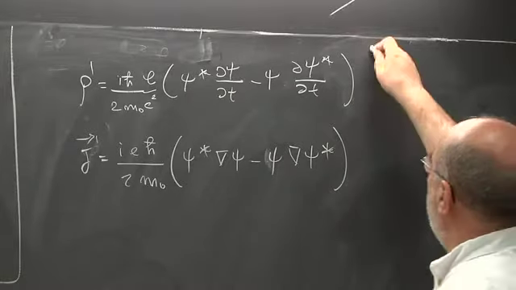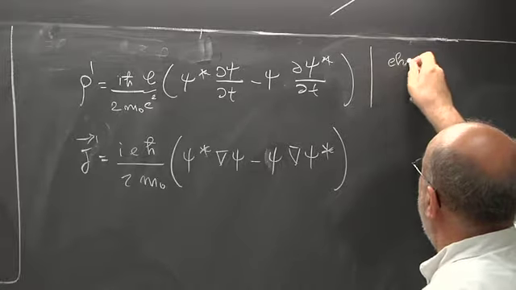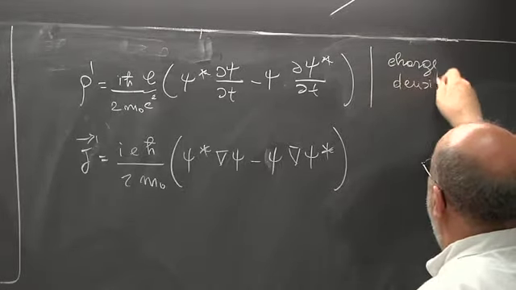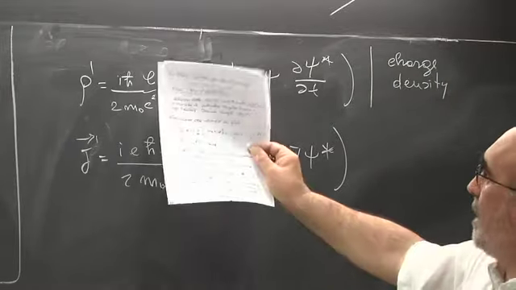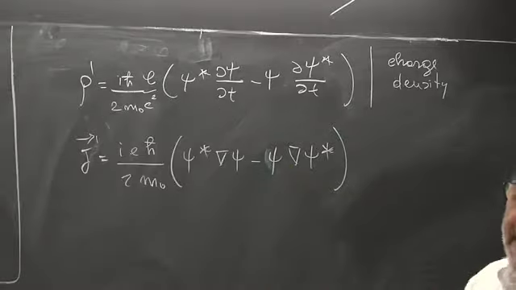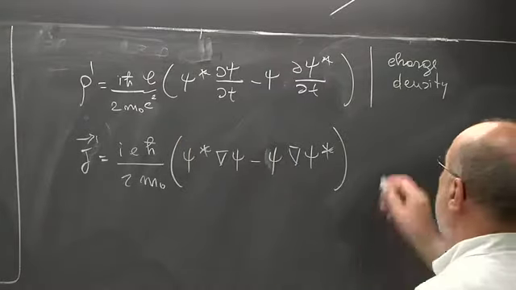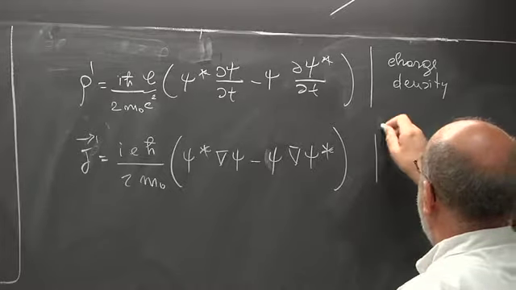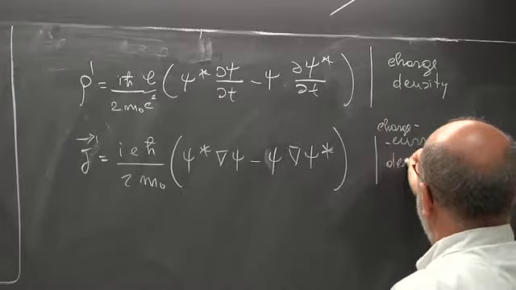Now this is not a probability density, but a charge density, because I have multiplied by e. If I interpret that as a probability density, even if there were a problem, multiplying by e I have the charge density, and this is the charge current density.